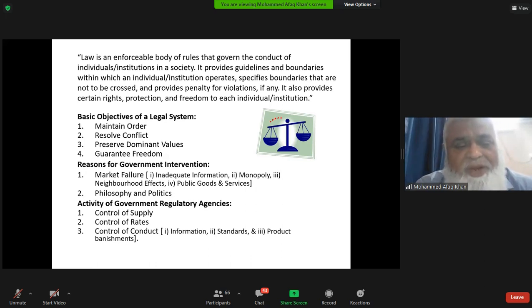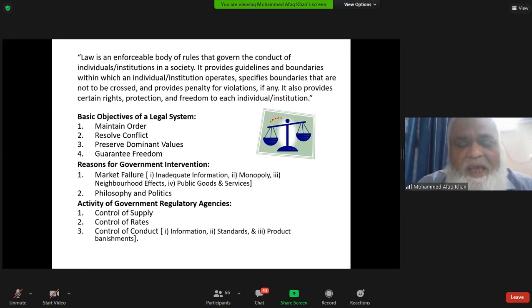So these good traits, whether it's cleanliness, punctuality, concern for the society, or love for humankind, these dominant values are preserved through law.